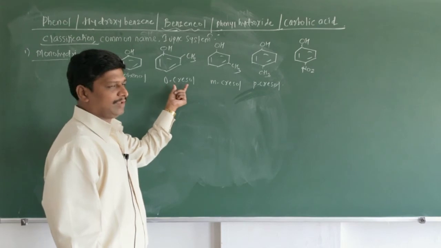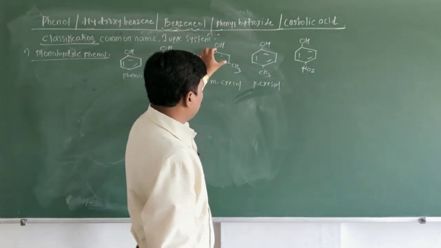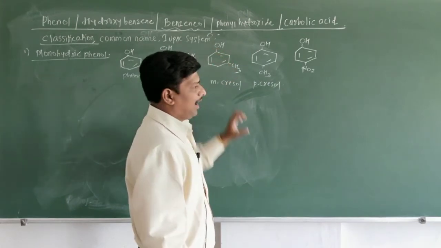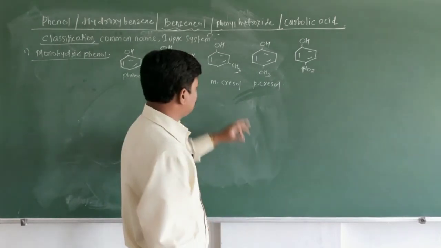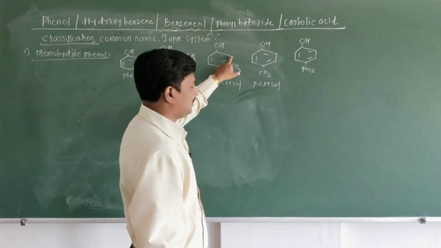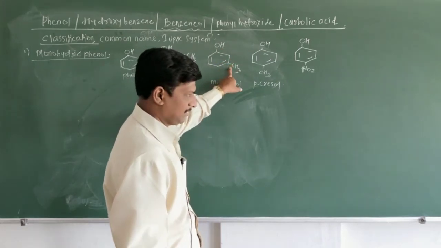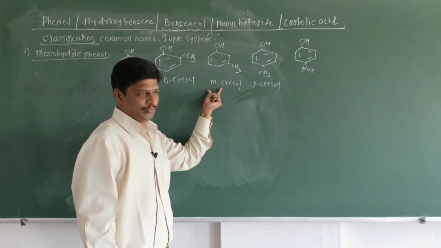That's why it is known as orthocresol. Whereas when the two substituents are present in the alternate position, meaning the OH group is present here and next to this position is this one, this position is known as the meta position.